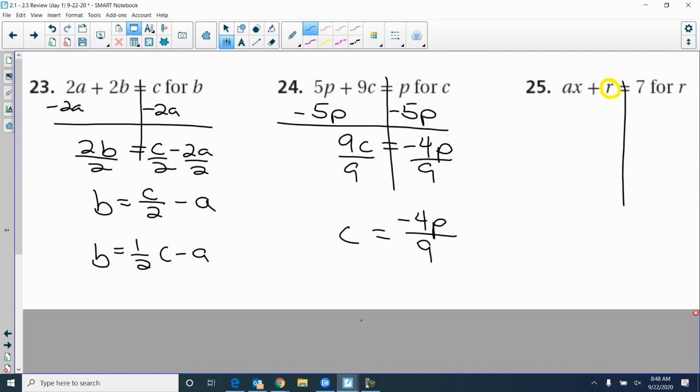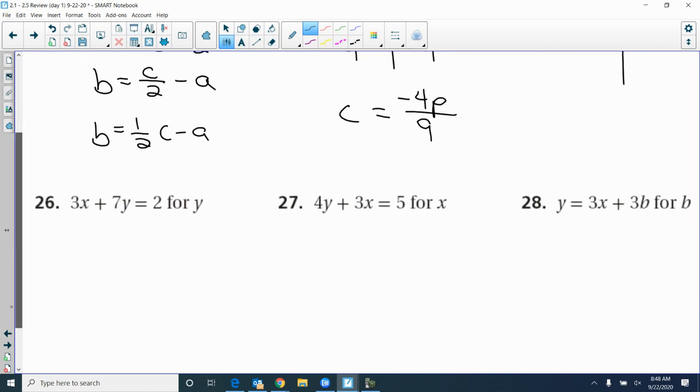AX. Since they're adding it, this is a positive, we're going to subtract AX. That gives you nothing, so you get R equals 7 minus AX, done. That's all you do. 7 minus AX.